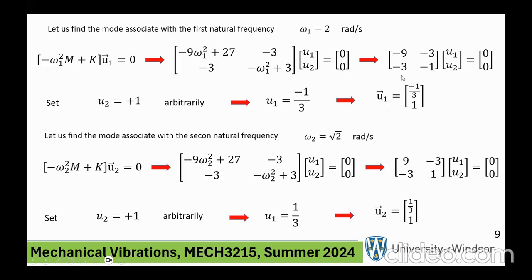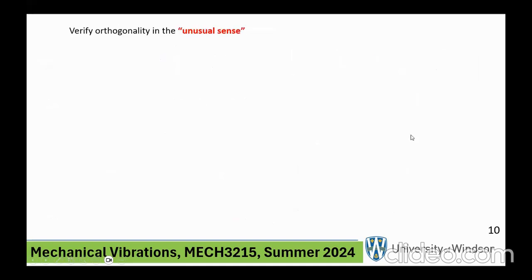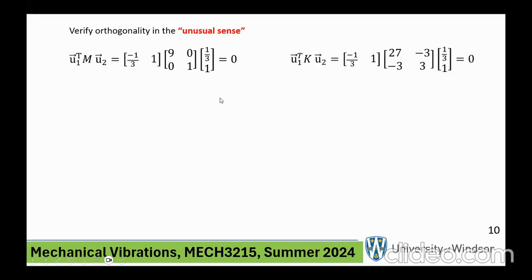First mode shape, or mode shape associated with this frequency. Don't call it first one. This is the mode shape associated with this frequency, and this is the mode shape associated with this frequency. Put them in the matrix. First of all, you can verify that, and I did this on Tuesday for you. u1 transpose M u2, just literally write it down, you're going to get 0.